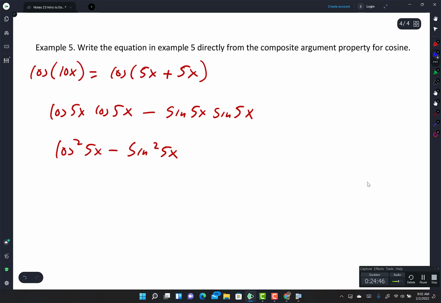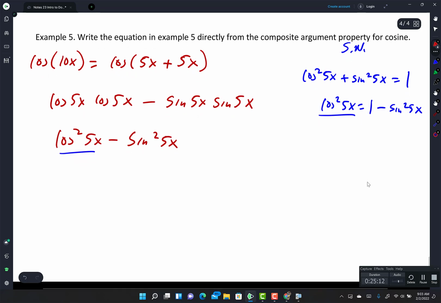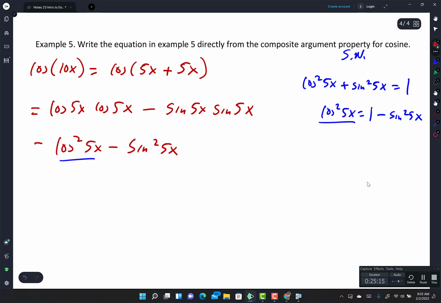A side note: cosine squared 5x plus sine squared 5x equals 1. You guys remember that? I'm going to substitute for the cosine squared because I just want to see sine squared. So cosine squared 5x is equal to 1 minus sine squared 5x. That's what I'm going to substitute. And I should put an equal sign on all these.